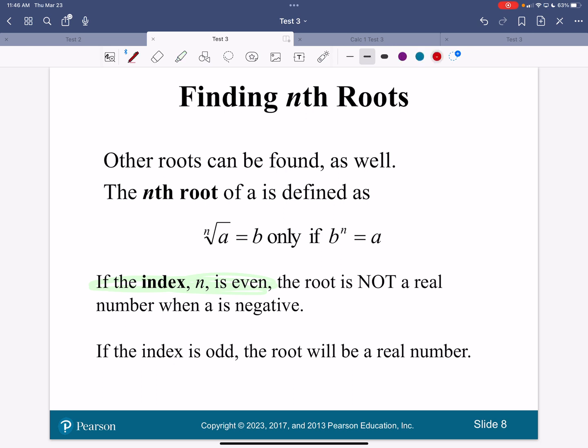Because we don't know how i works yet, and we haven't explored i, if the index is even and you get a negative number, you can't have negative numbers in there. That means it's undefined, if a negative is inside the radical.